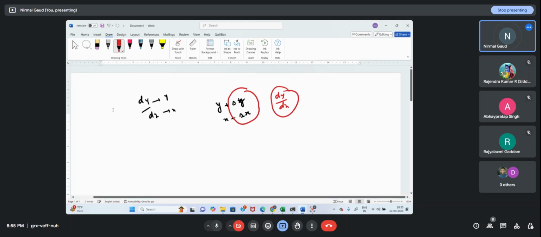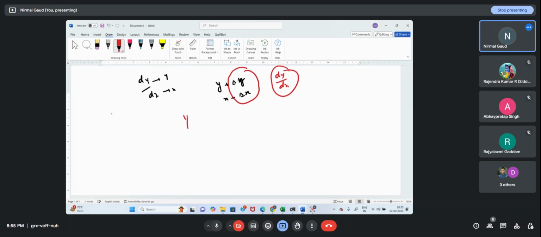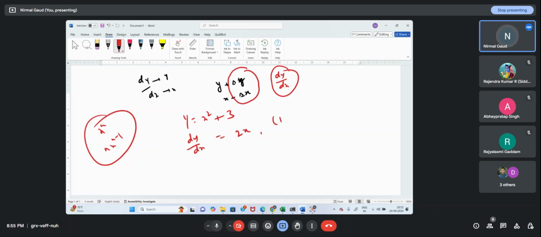Fine. So if we have the equation x square plus 3, we will be doing dy by dx. That means if we put a small change in y with respect to x, we are going to get 2x. You know the differentiation of x to the power n is n x to the power n minus 1. And what point are we considering? The point we are considering is 1 comma 4.